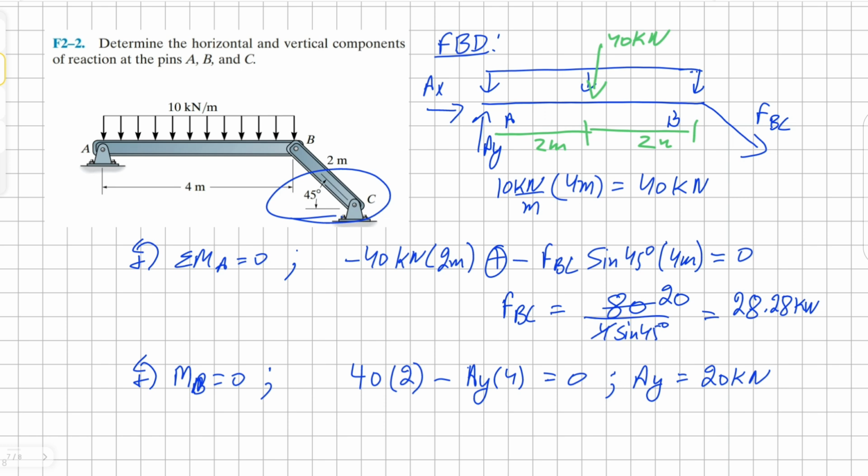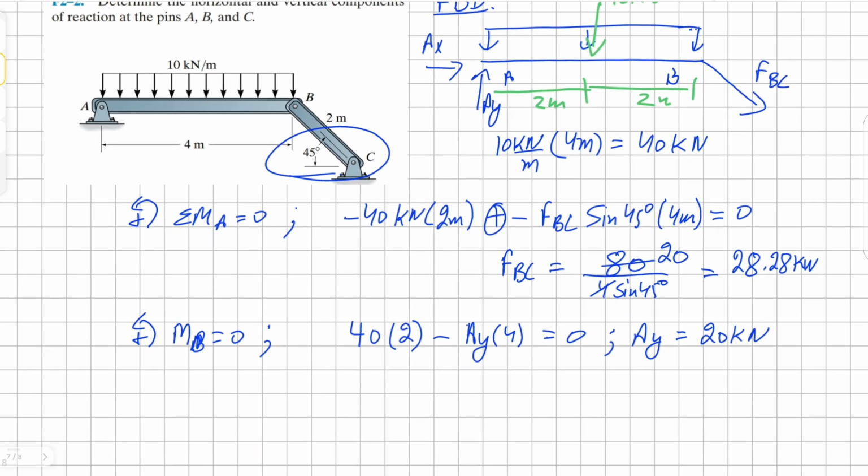Now finally, we need to solve for our value AX. So for AX, we can take sum of forces in X direction. So I'm going to assume left to right as a positive. So we have AX plus we have our cos 45 times force BC, which is 28.28 kilonewton, equals 0.